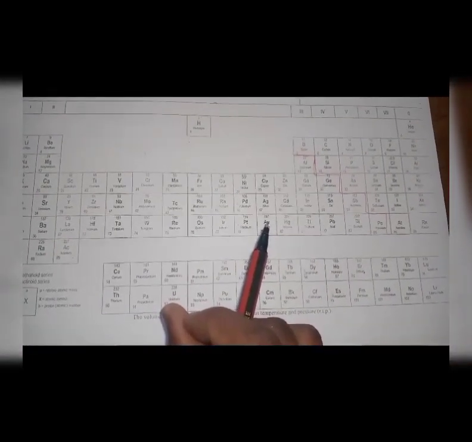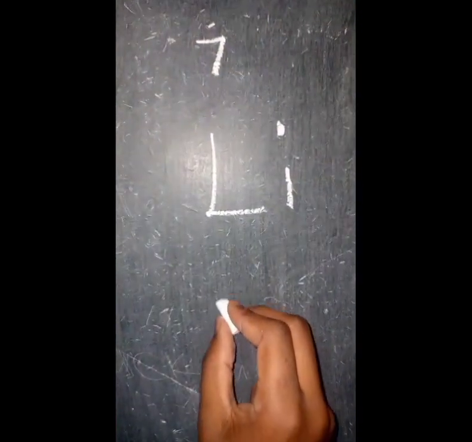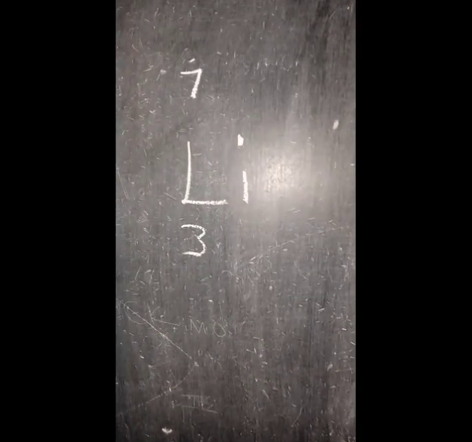Allow me to use the blackboard from this stage. We said lithium, this is the symbol for lithium, and it has mass number 7 and atomic number 3. If we had to draw the atomic structure of this lithium, it's going to come out as follows.